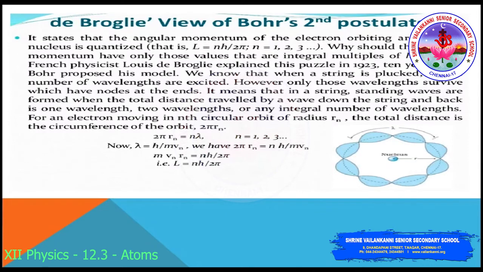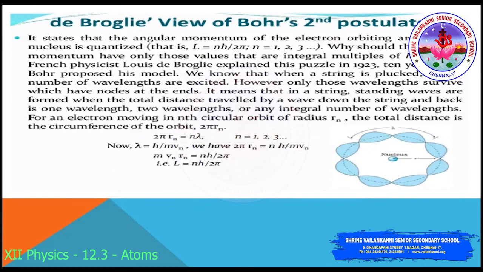In SHM, which you have studied in class 11, you have seen these wavelength values, nodes and antinodes. It means that in a string, standing waves are formed when the total distance travelled by the wave down the string and back is one wavelength, two wavelengths, or any integral number of wavelengths.